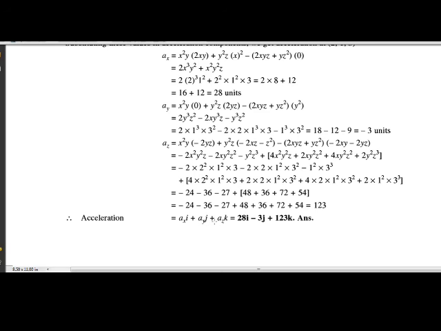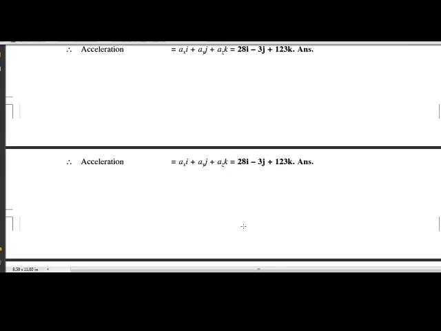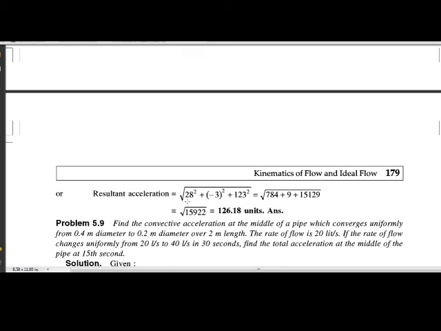This is a vector, so it will be equal to 28i − 3j + 123k. Now we have to find the resultant acceleration. It will be equal to the square root of 28² + (−3)² + 123². So the resultant acceleration is equal to 126.18 units.